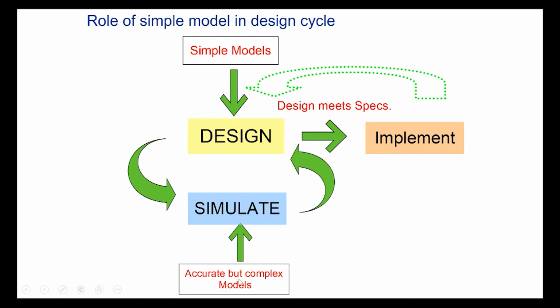If your models are very accurate and realistic, then after you implement it, you'll find the circuit works according to your expectations. But sometimes when you're trying to design and implement something very novel, you may find that you didn't capture everything in a model, and therefore even after implementation, after simulation and all that, there may be some surprises, and you may have to go back to the design stage here.